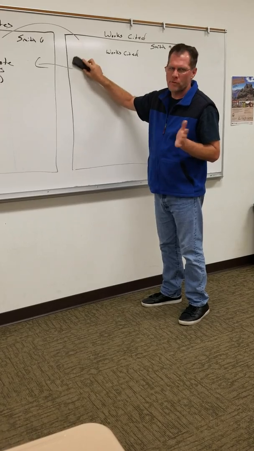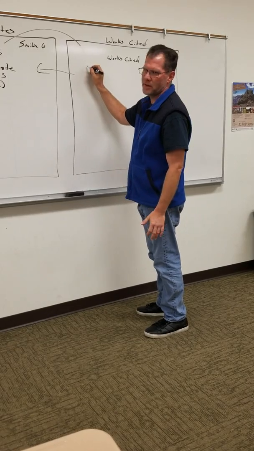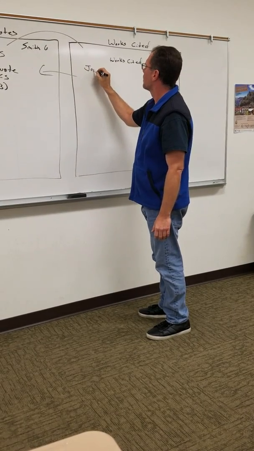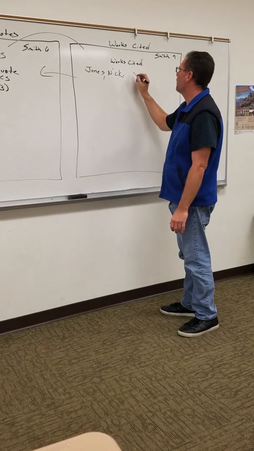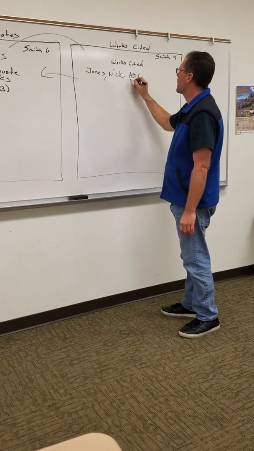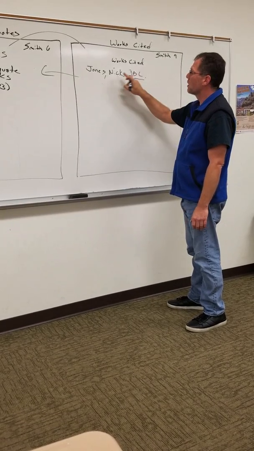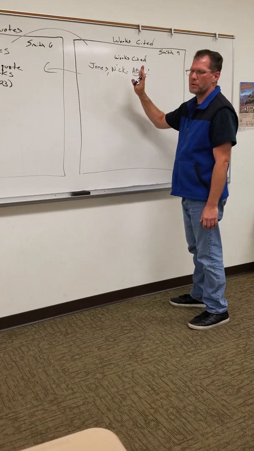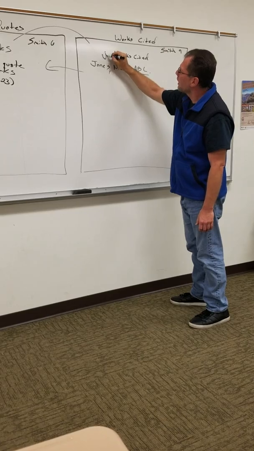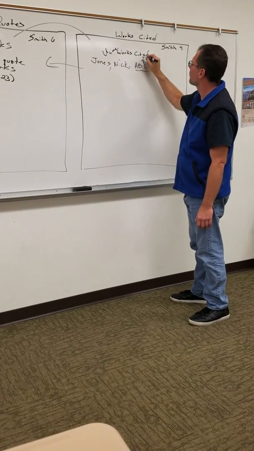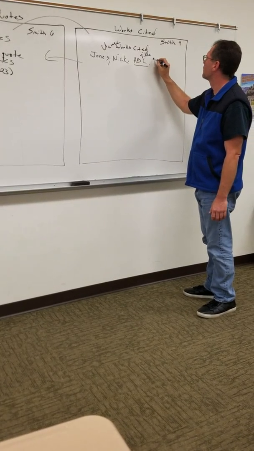We'll use the example of a book, right? If you have a book by Jones, and his name is Nick, for instance, the title of his book is ABC. This would be put in italics, but I can't do that on the board. I would give the name of the author, right? That's always first. The second thing is the title. Name and title. The third thing that I will add is the place of publication, New York.